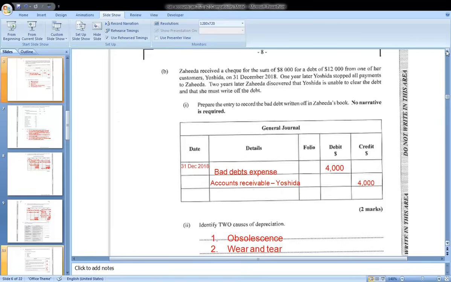Prepare the entry to record the bad debt written off in Zaida's book. No narrative is required.